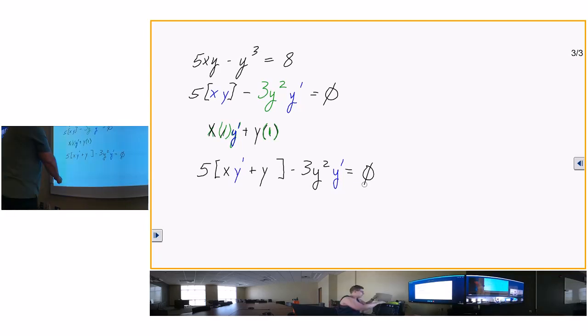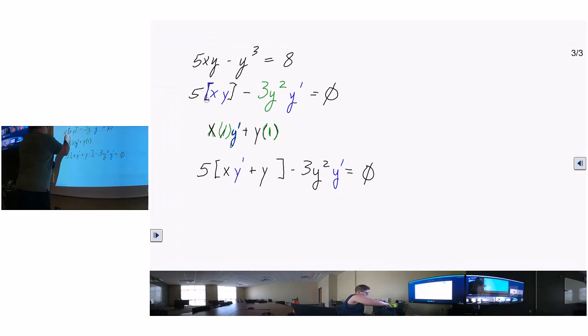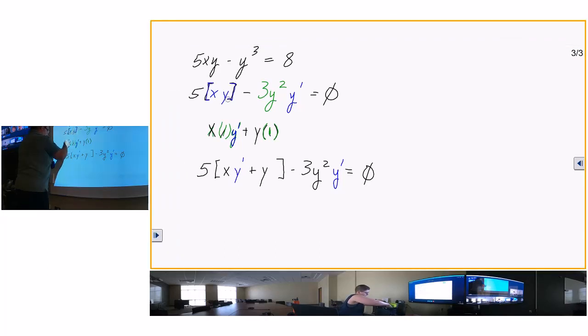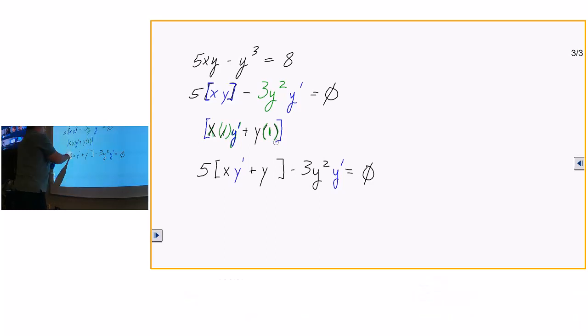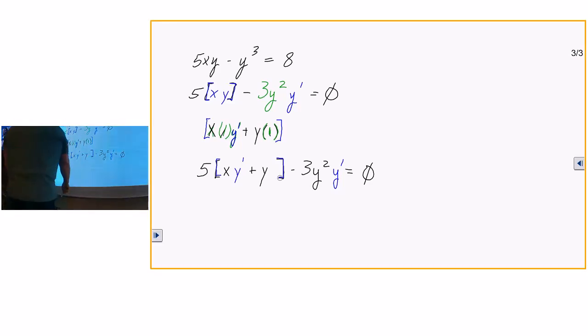And I need to add blue here. There we go. Finish her out.